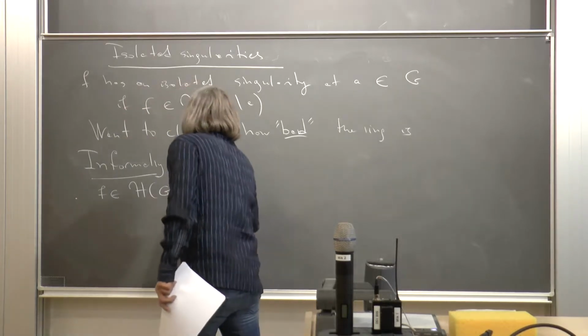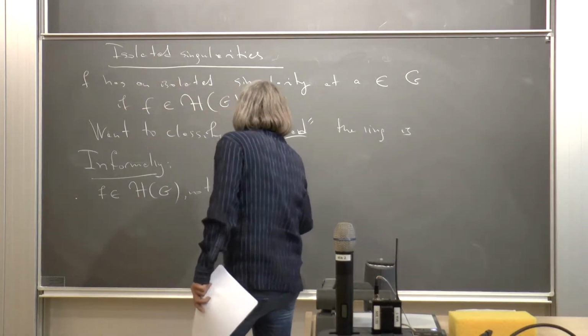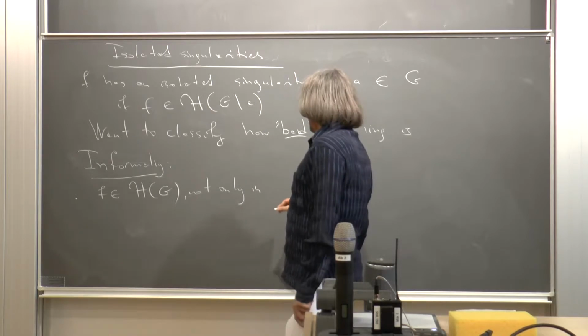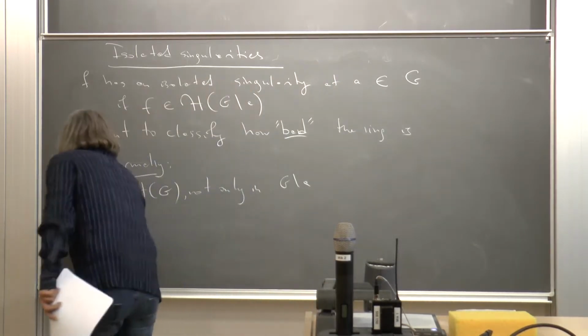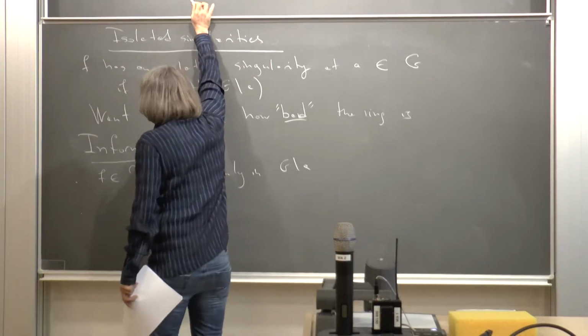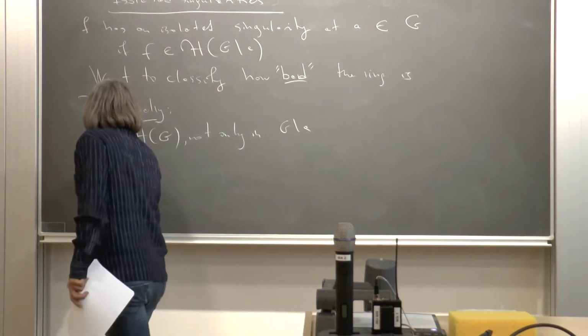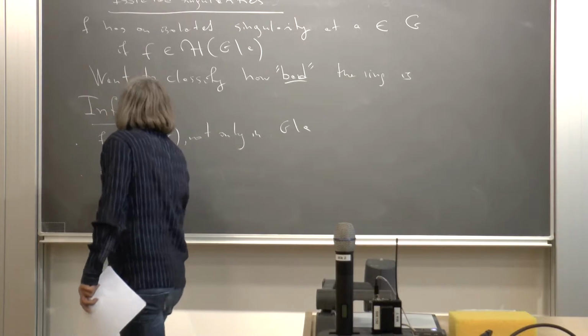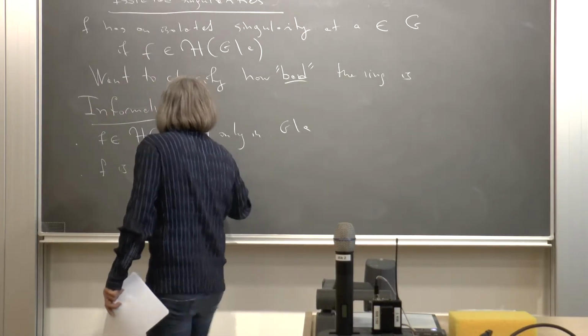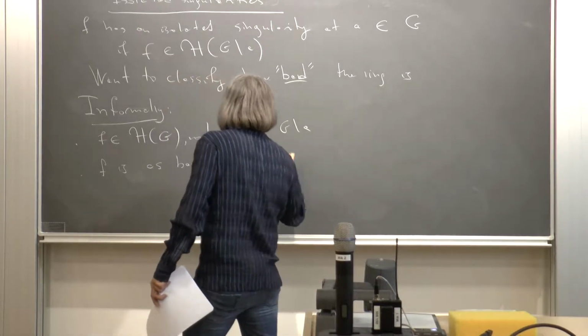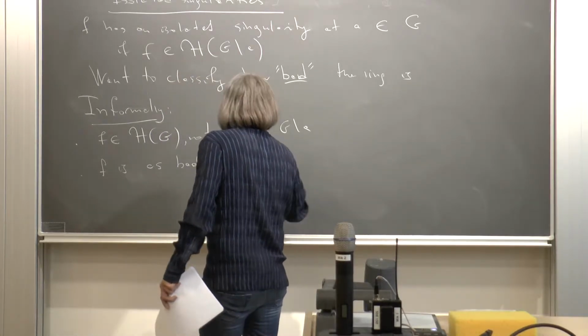Second, a series of cases, if f is as bad as 1 over (z minus a) to the n.